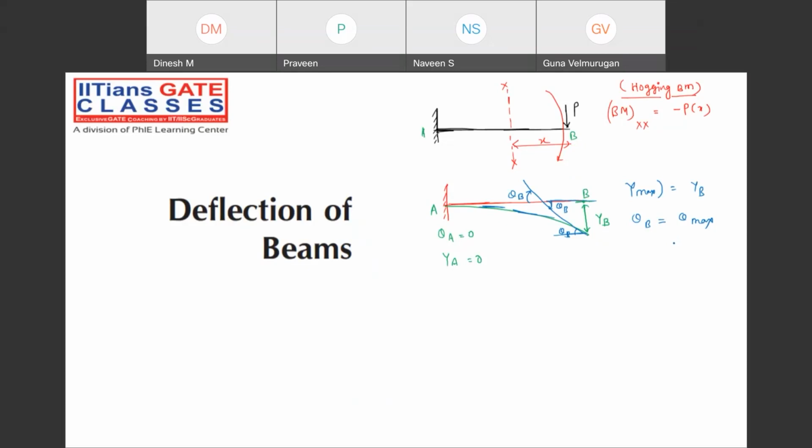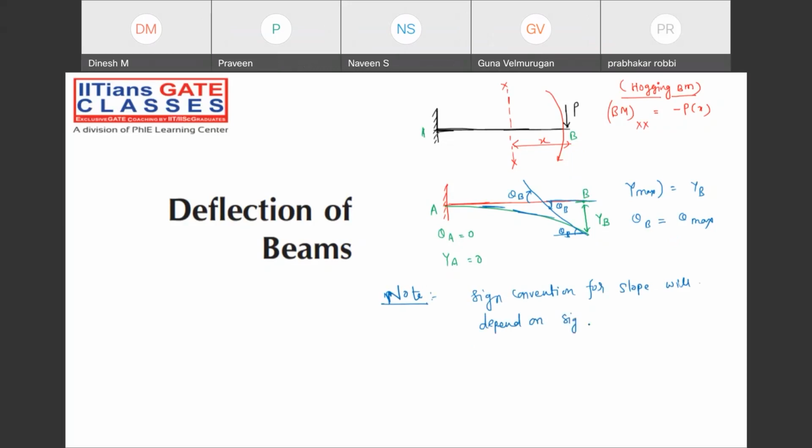So note down one point: the sign convention for slope will depend on the sign convention of the deflection.